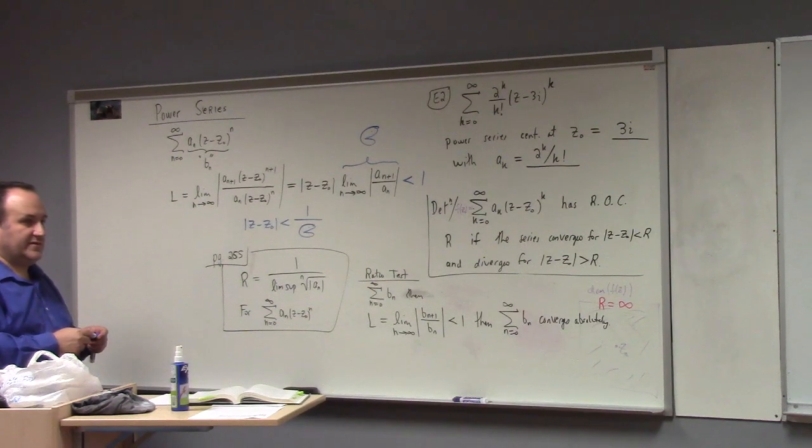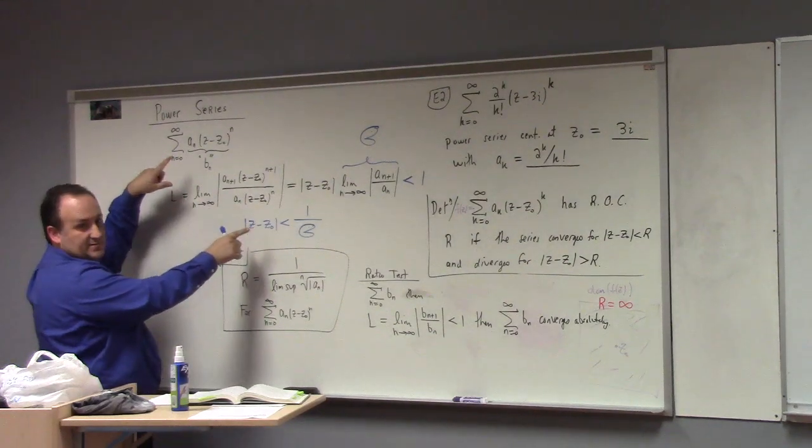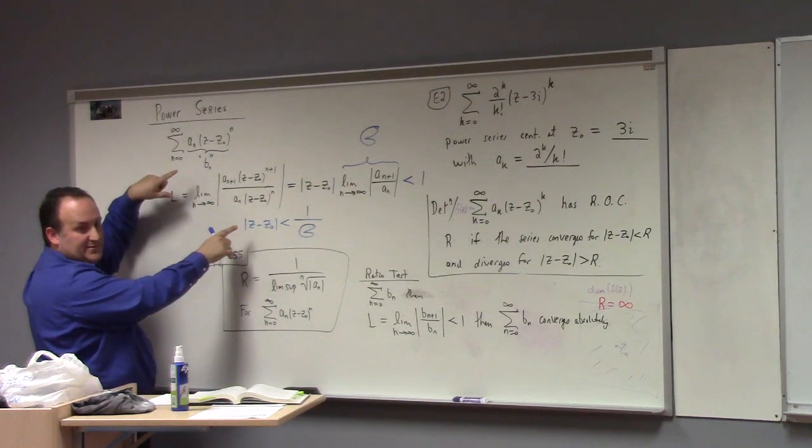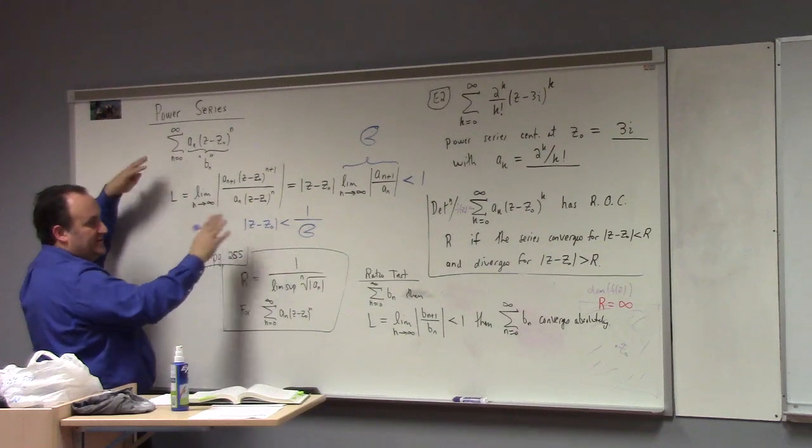What if your series is 0 for even terms? What if your series is 0 for odd terms? You have infinitely many terms which are 0. So you can't do this because you've got division by 0 out the wazoo. It's no good.